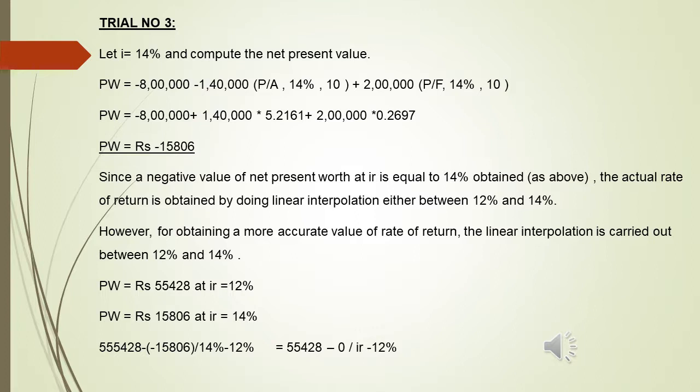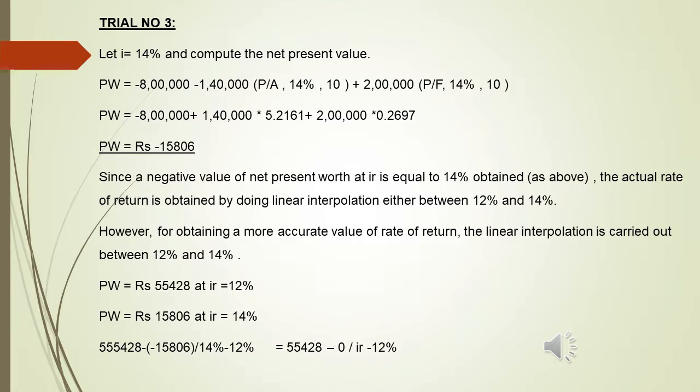Since there is a negative value of the net present worth at IR equal to 14%, obtained in the third trial, the actual rate of return is obtained by doing the linear interpolation. Okay, you have to do interpolation between these two values, 12% and 14%.